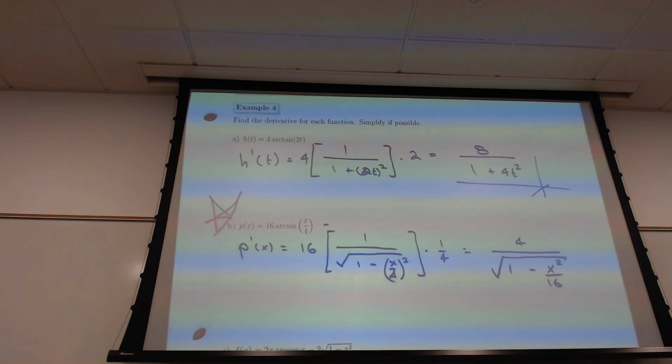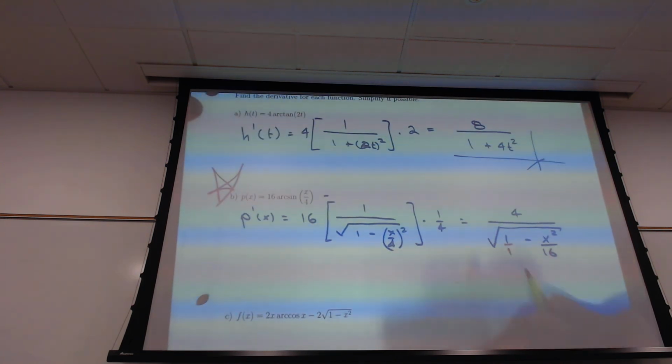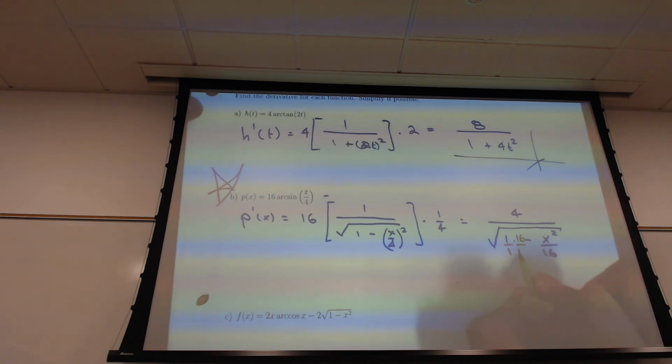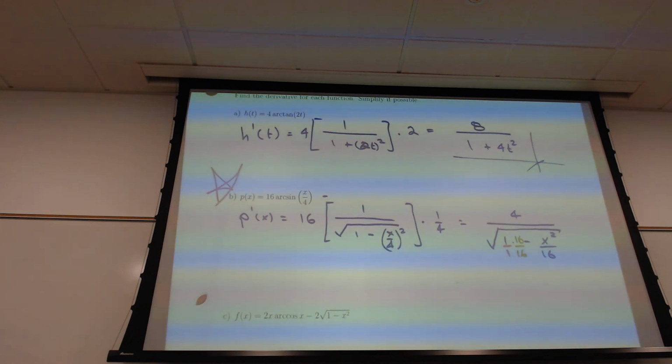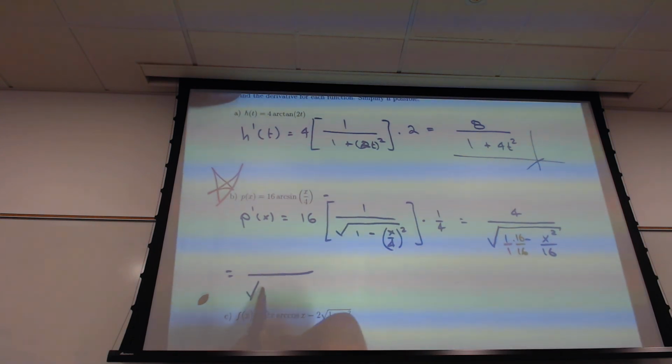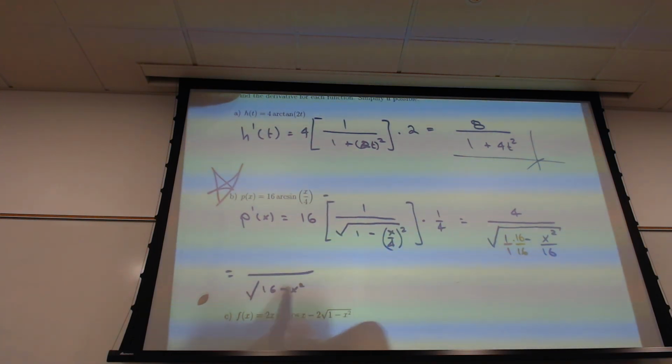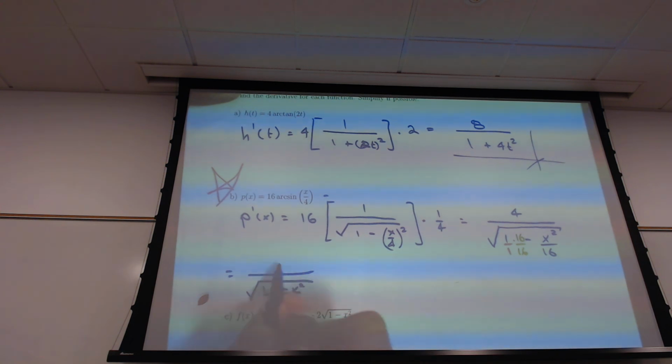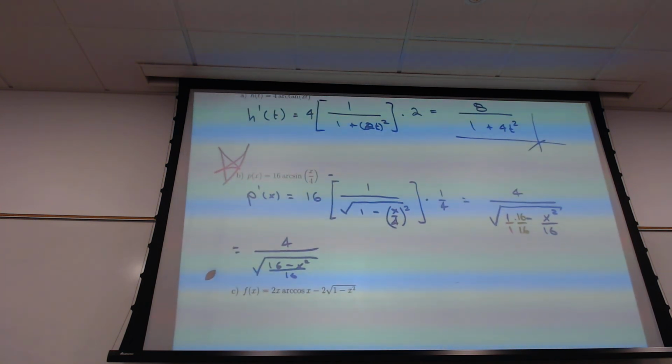Of course, there are a few ways. This is an over 1. And let's find an LCD inside of the radical, which in this case is 16. Multiply and divide by 16, that number 1, and put everything together into a single fraction. That will be the square root of 16 minus x squared over 16, whole thing under 4.